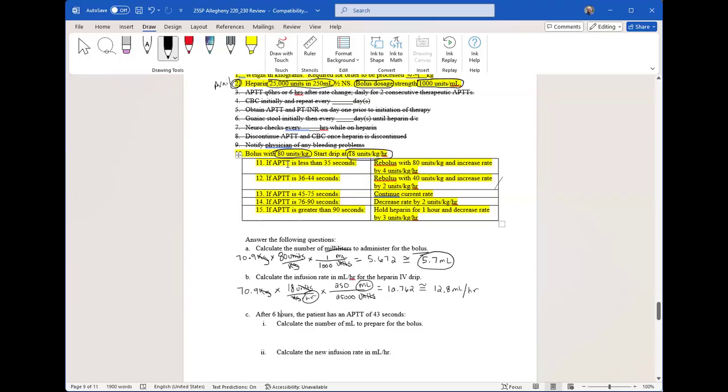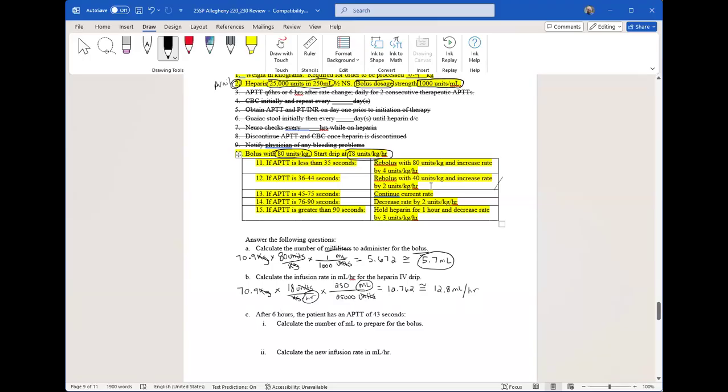So all we're going to do is look for the APTT range that encompasses 43 seconds. So less than 35, 36 to 44. So I'm going to follow what it says here in step 12, which tells me to rebolus with 40 units per kilogram. So that's half of our original bolus, and then to increase the rate by 2.